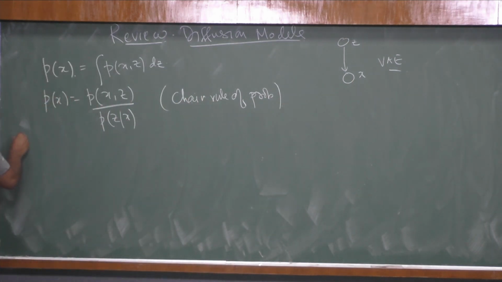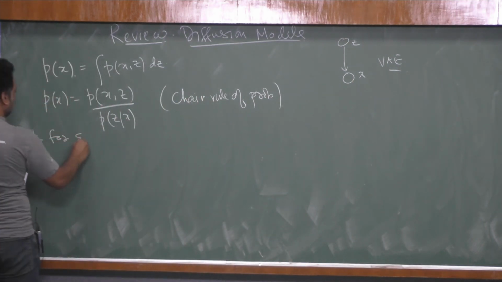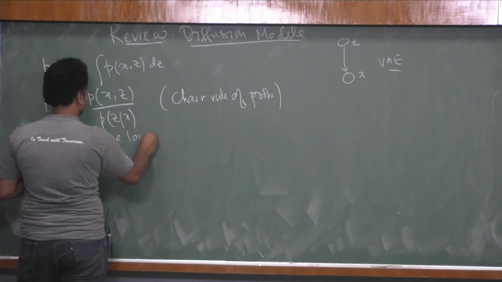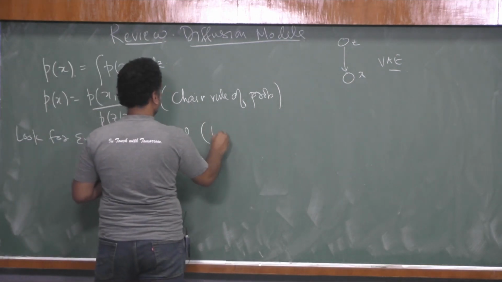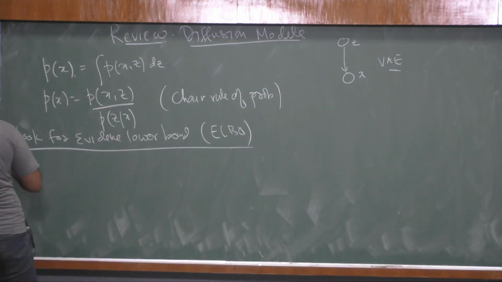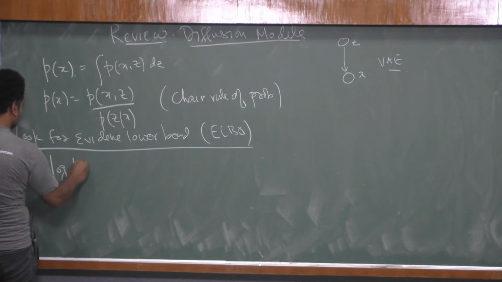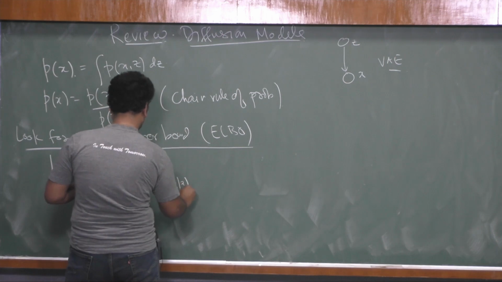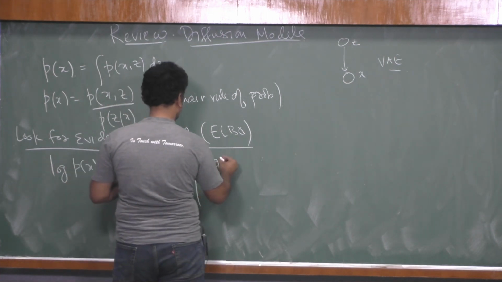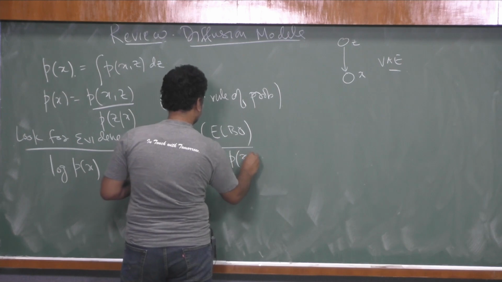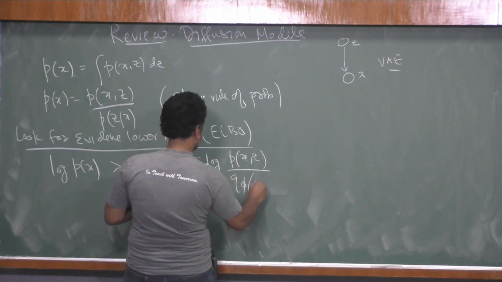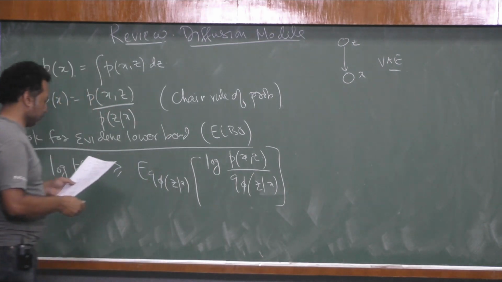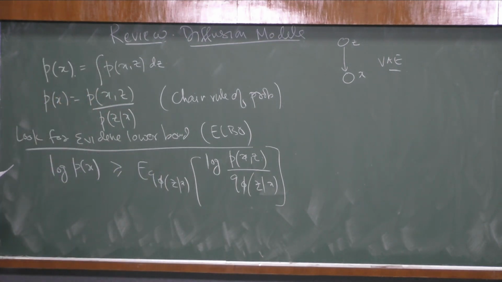And then we looked for the evidence lower bound, or ELBO. We found that this is lower bounded by this quantity. We applied Jensen's inequality and introduced an importance sampling q_phi, and with this we had the evidence lower bound.